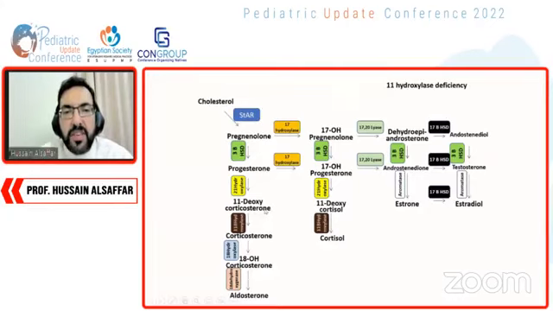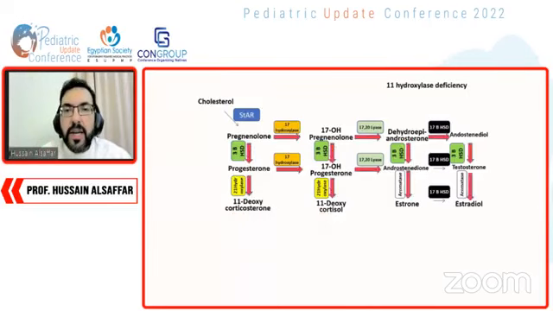And this 11-deoxycorticosterone has an effect on the circulation of the body, leading to hypertension. So among the cases of congenital adrenal hyperplasia, if we have a patient with hypertension, then we should think of 11-beta hydroxylase deficiency. Otherwise, those patients would have either normal or low blood pressure.